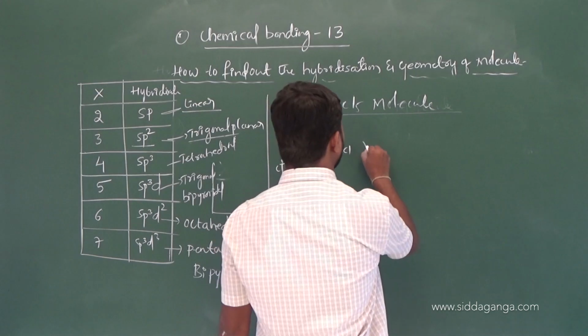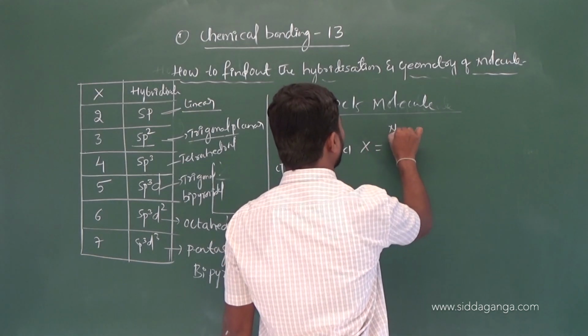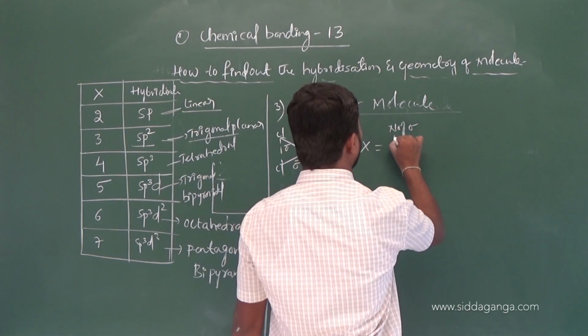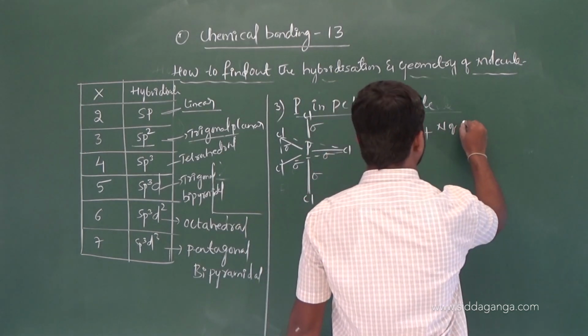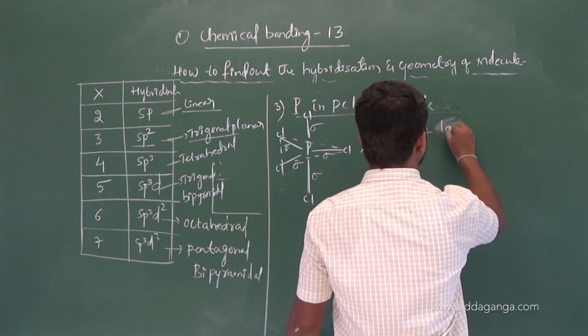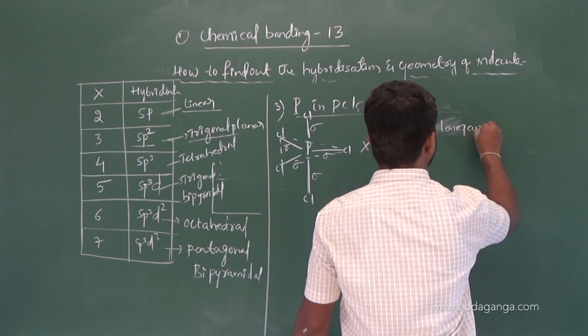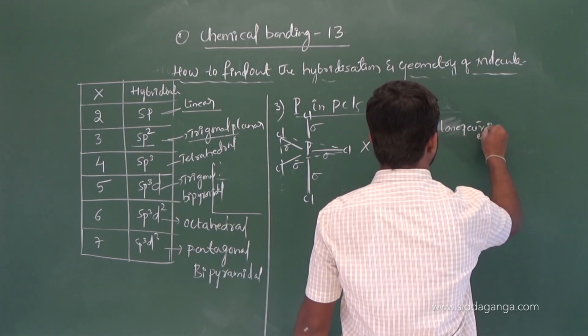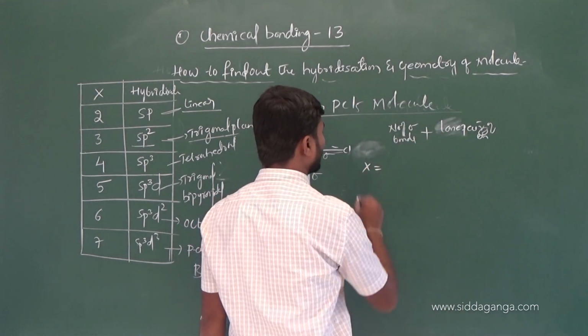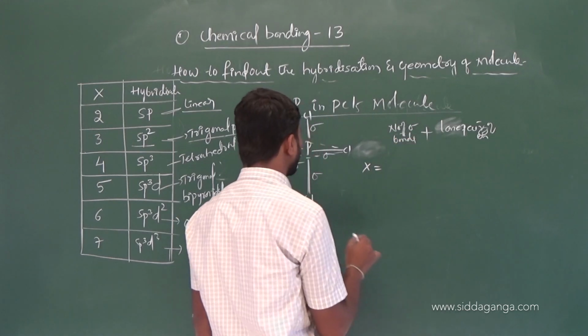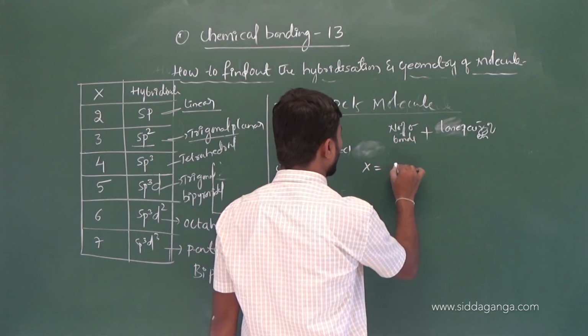While calculating the value of x, what is it? Number of sigma bonds plus lone pairs of electrons. How to calculate it? x is equal to the number of sigma bonds on the central atom, which is 5 sigma bonds.